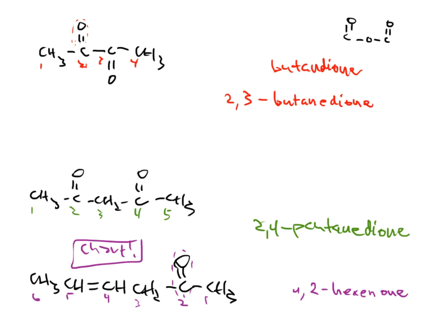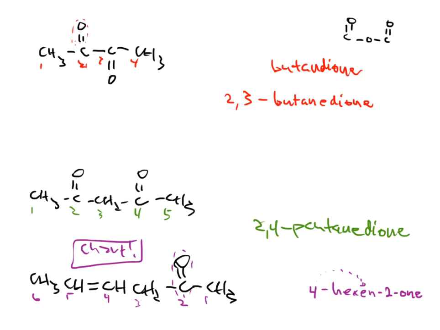I have to be very clear-cut of where these groups are going to be located. So because of that, I'm going to erase the 2 out in front. And I want you to understand that the 4 goes to the ene group. So I write the 4 in front of the hexene. And then what I do, like we've seen before in some of the other nomenclature, is that I will hyphenate this ending, and now I'll put the 2 there, and that 2 spot is going to get the -one, which is the ketone group.